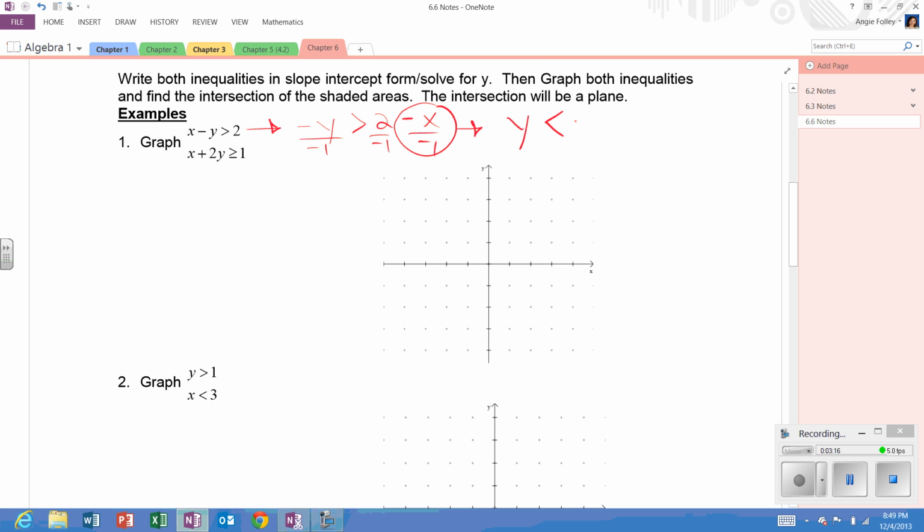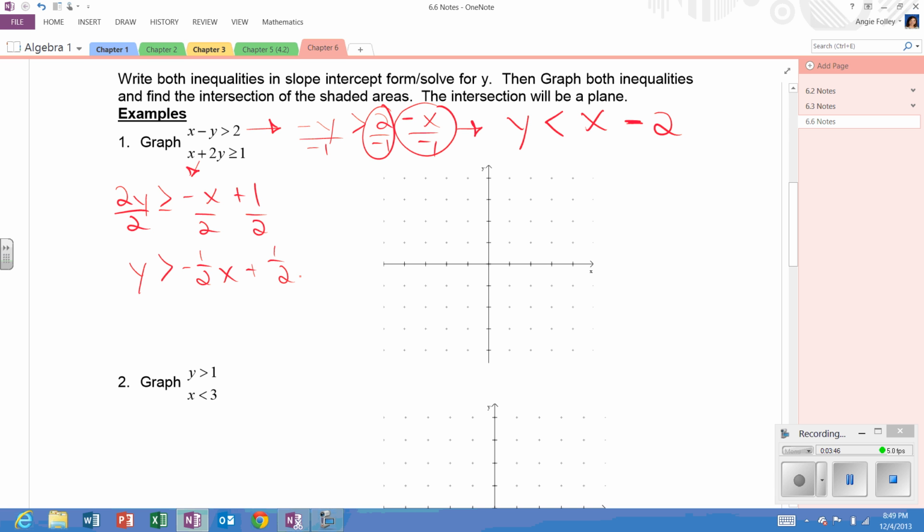If I have a negative x divided by a negative 1, that becomes a positive x. My 2 divided by negative 1 becomes negative 2. For my other equation, I'm going to move the x over, so I get 2y is greater than or equal to negative x plus 1. Divide everything by 2, and I get y is greater than or equal to negative 1/2 x plus 1/2.